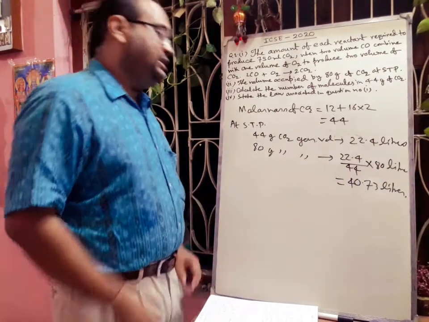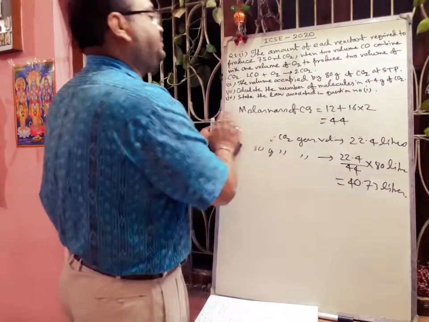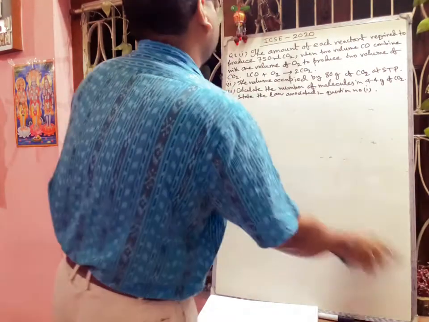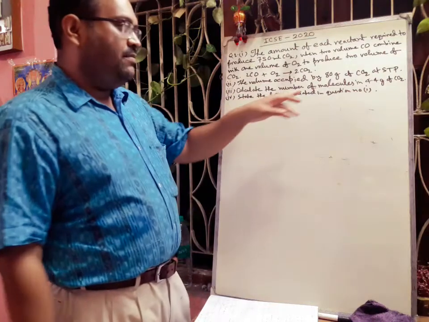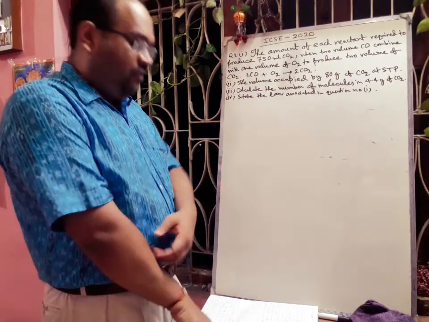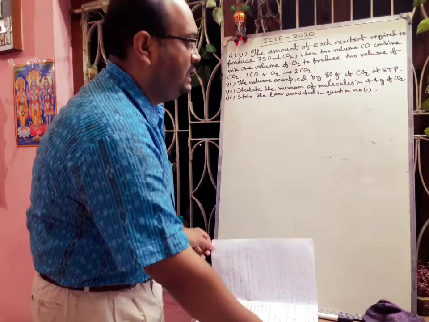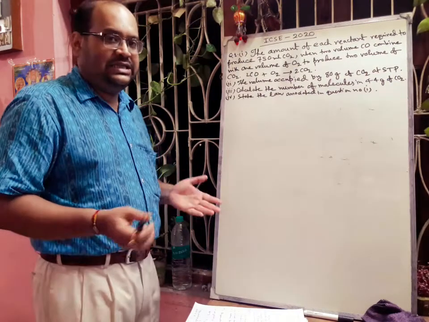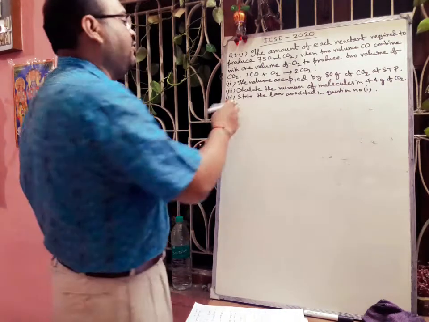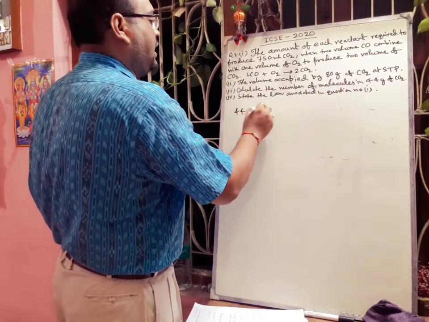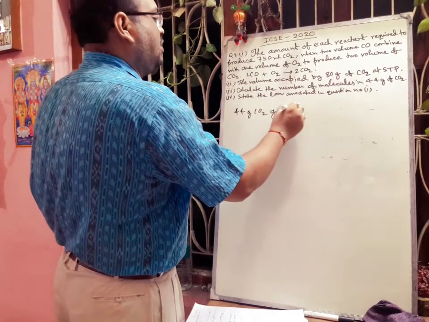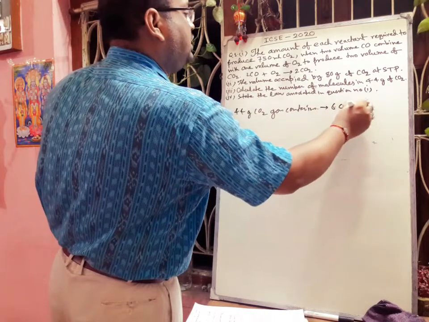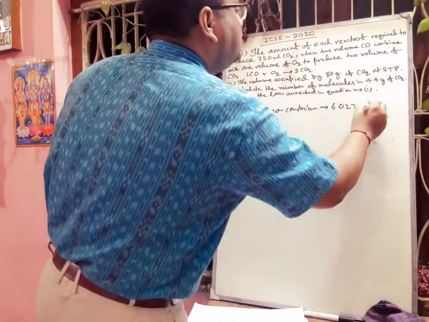Next we will go to the third question: calculate the number of molecules in 4.4 gram of carbon dioxide gas. We know that 1 mole of carbon dioxide is equal to 44 gram. So 44 gram of carbon dioxide gas contains 6.023 into 10 to the power 23 molecules.